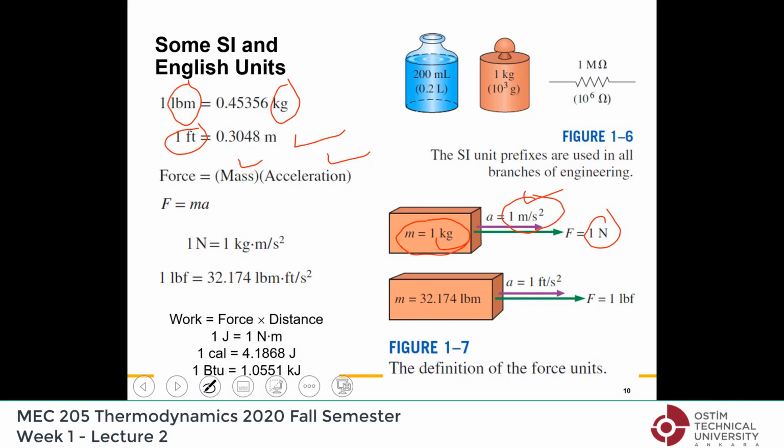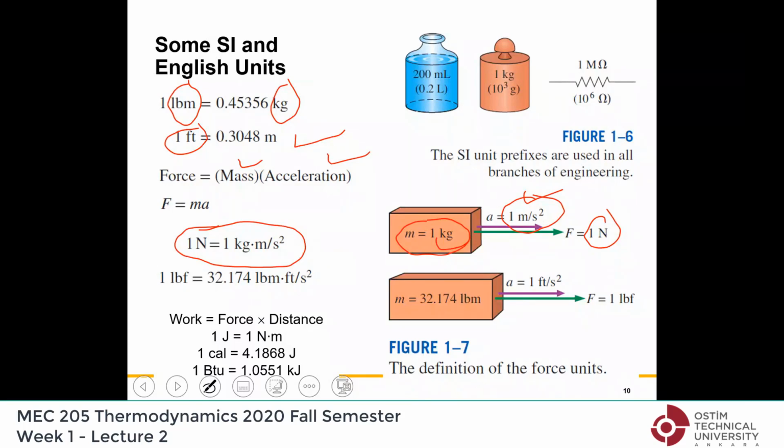In the English unit, it is something similar. Therefore, here is a unit conversion for you. 1 Newton is 1 kilogram meter per second square. Now it is important to learn this because when you do unit cancellations, calculations with the quantities, you always have to use units.